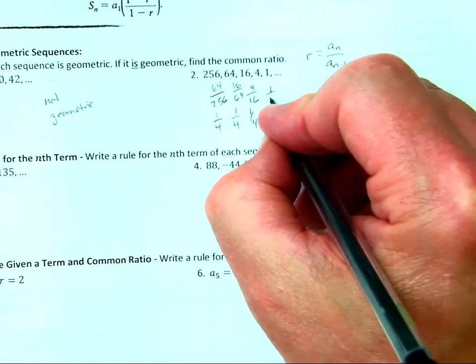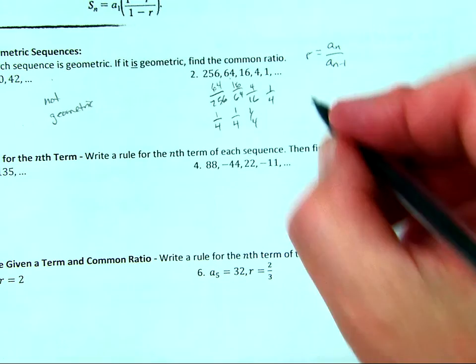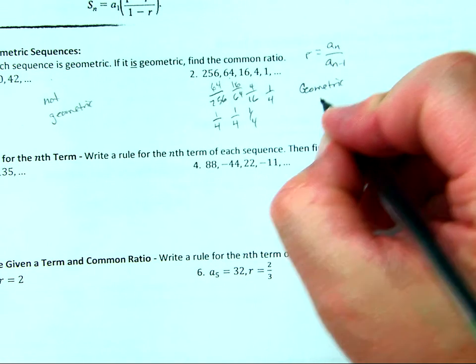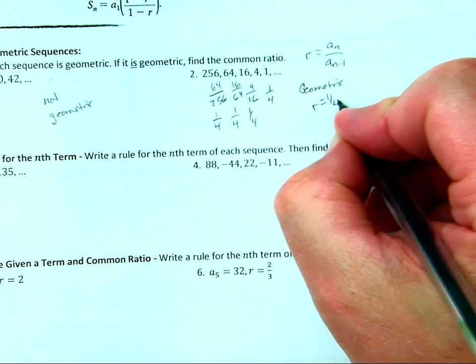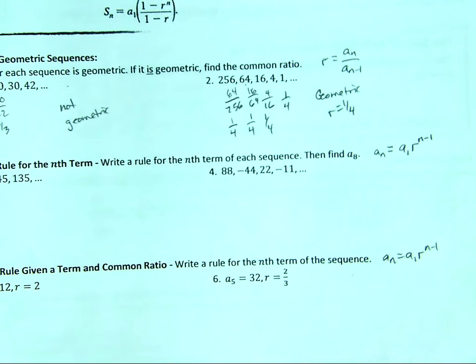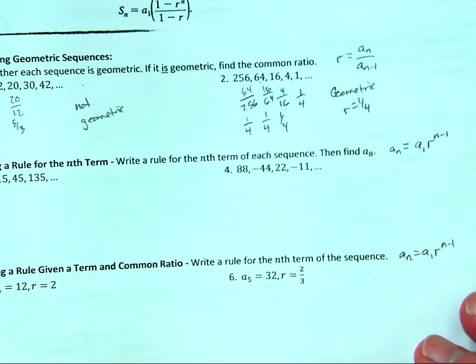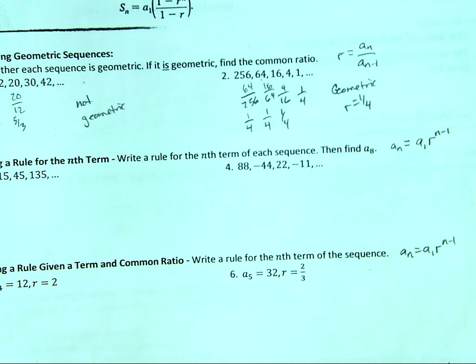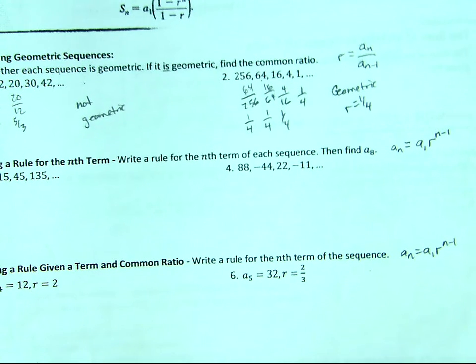And 1 divided by 4, of course, is 1/4. So this one is geometric, and r equals 1/4. That's all there is to tell if it's geometric or not. Here we multiplied by 1/4 every time, so we multiplied by a fraction. You can multiply by a fraction, you can multiply by a whole number, you can multiply by a negative number.